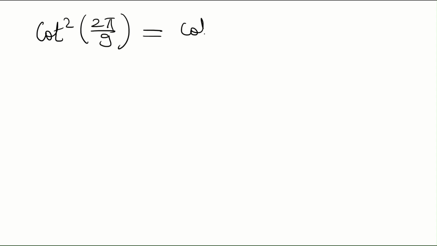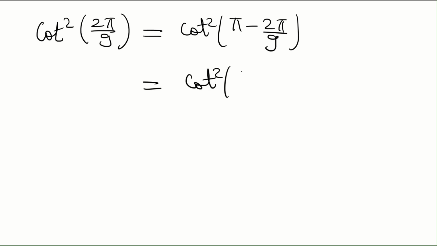So what I'm going to do here is that for the second angle, which is 2 pi over 9, we know that cot square of theta is also equal to cot square of pi minus theta, and that is what we are going to do here. This is a very small manipulation, but it's going to be super useful. So instead of using the angle 2 pi over 9, I will use the angle 7 pi over 9.